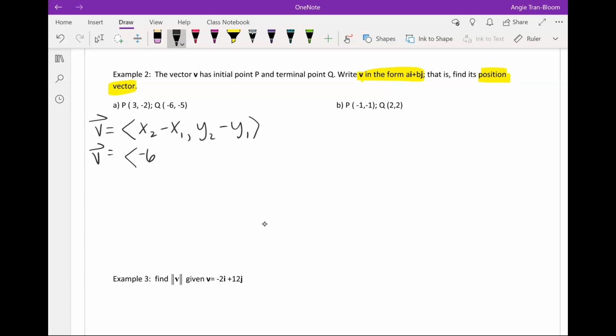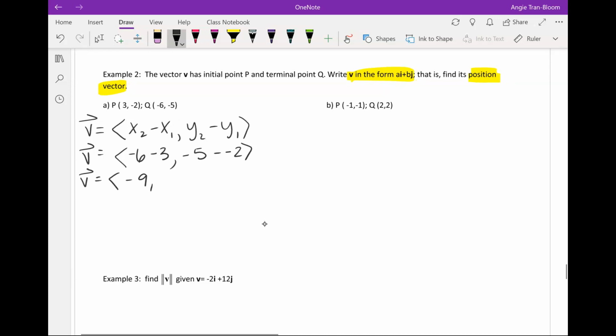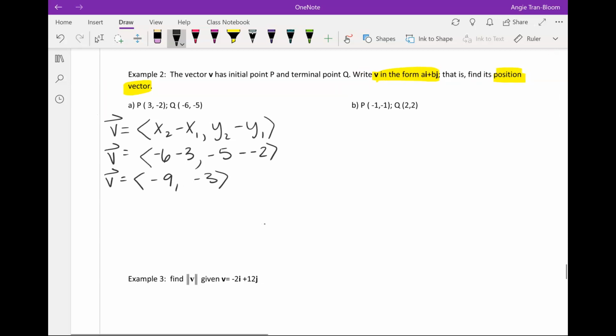Caitlin? Y2, Zen. Good. Take away, Riley. -2. All right, let's see. So the components come out to be -9 comma what? -3.